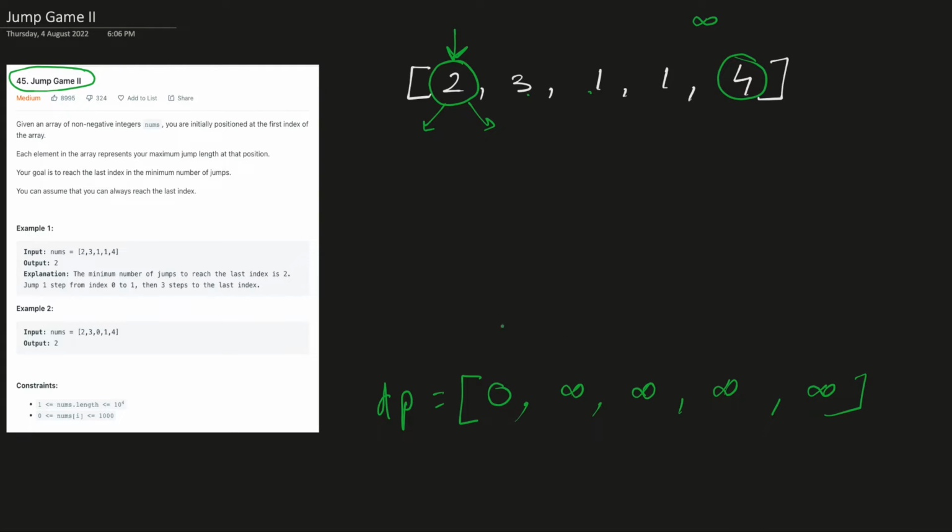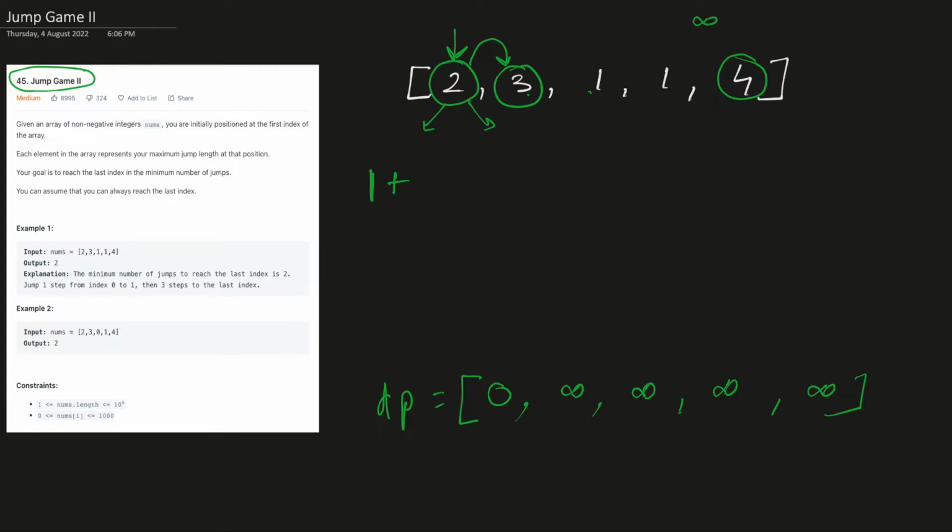Now let's see what are the minimum steps required to reach 3. How will we do that? What is currently present for 3? Infinity. Now, if we are starting at 2, what is the minimum number of jumps to reach 3? That is 1 plus the minimum number of jumps required to reach 2. We will always be making at least one jump from 2 to reach 3.